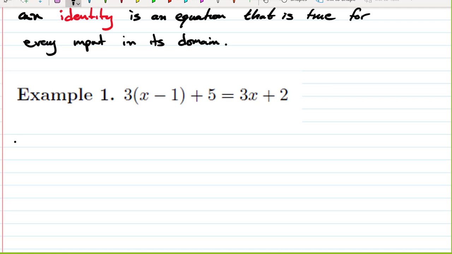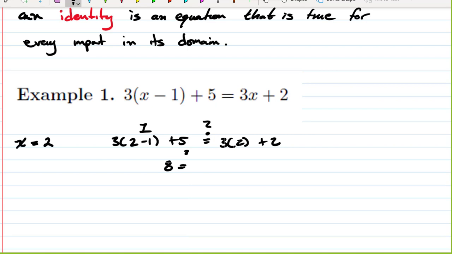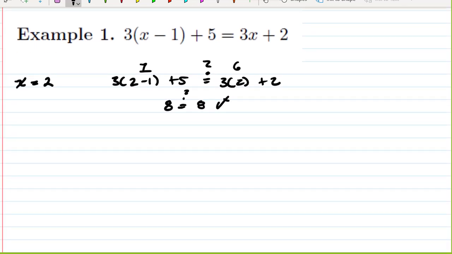If I guess x equals 2, I can plug that in. That's 3 times (2 minus 1) plus 5, and does that equal 3 times 2 plus 2? Well, 2 minus 1 is 1, 3 times 1 is 3, and 3 plus 5 is 8. And 3 times 2 is 6, and 6 plus 2 is 8. So I was able to successfully guess a solution.